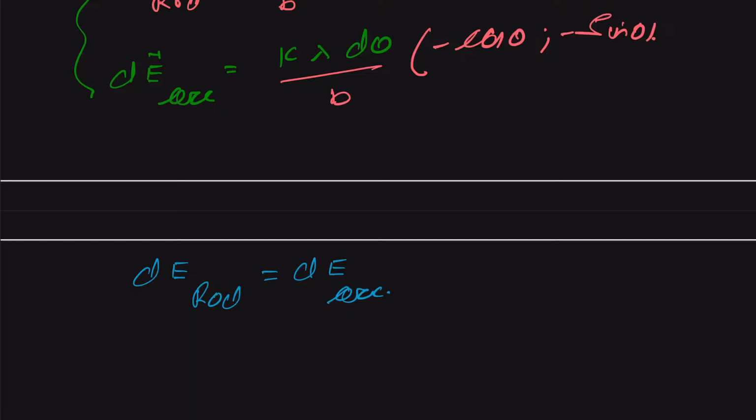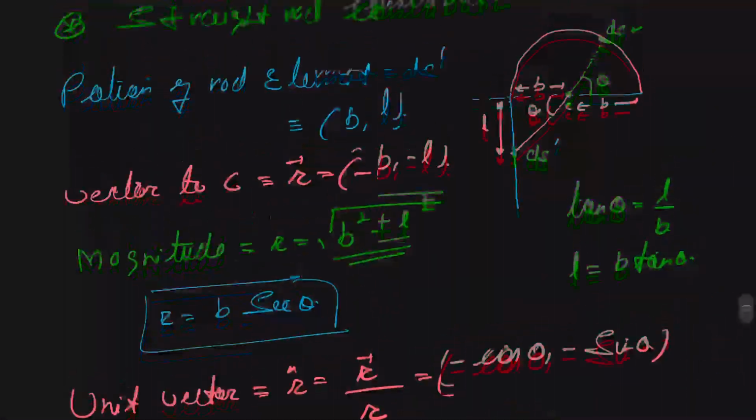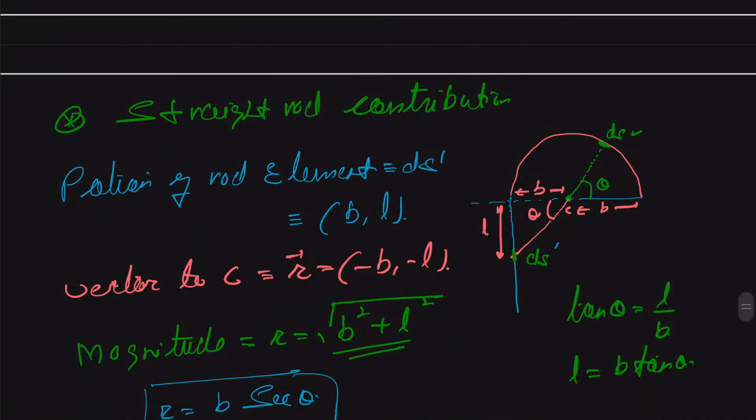Okay. And we have taken only one single point, a symmetric point. And suppose if we take a point somewhere here, and on the opposite rod, same calculation, these two will also be equal. So it means for any point on this semicircle arc, there will be a symmetric point that will be generating the same amount of electric field. Okay.